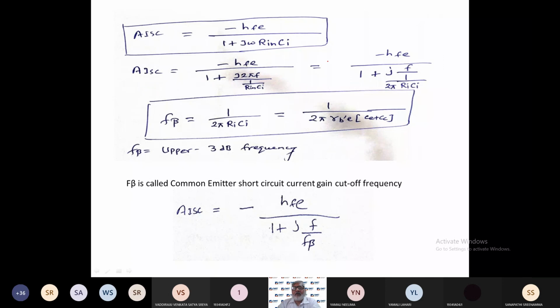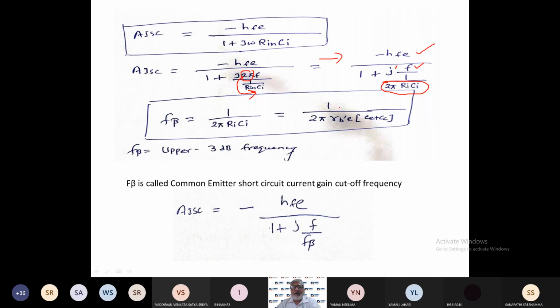After this you come to this expression. Now there is no change in the numerator. In the denominator, 1 plus j, then the 2 pi, I brought to the denominator side, so it becomes 2 pi ri ci, and in the numerator we have only f.